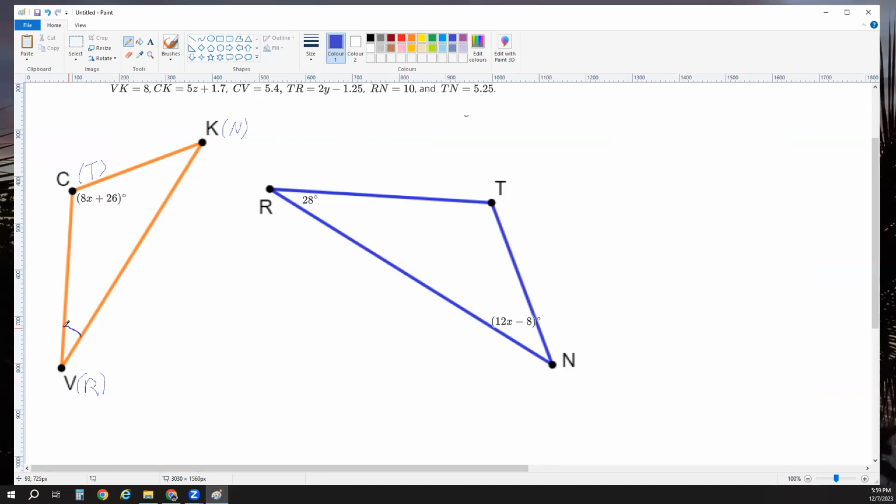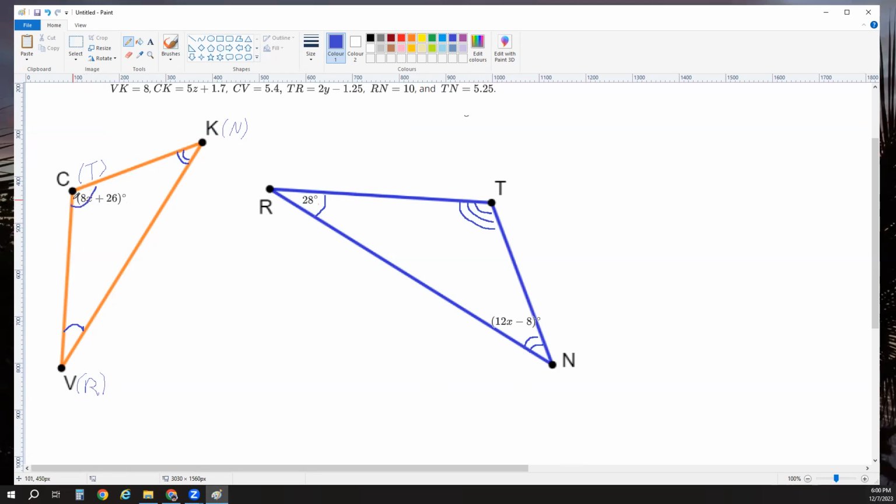This is my single arc, V and R is my single arc. This is my double arc, indicating that these two are corresponding pairs. I keep forgetting what I call them. And this is my triple arc.